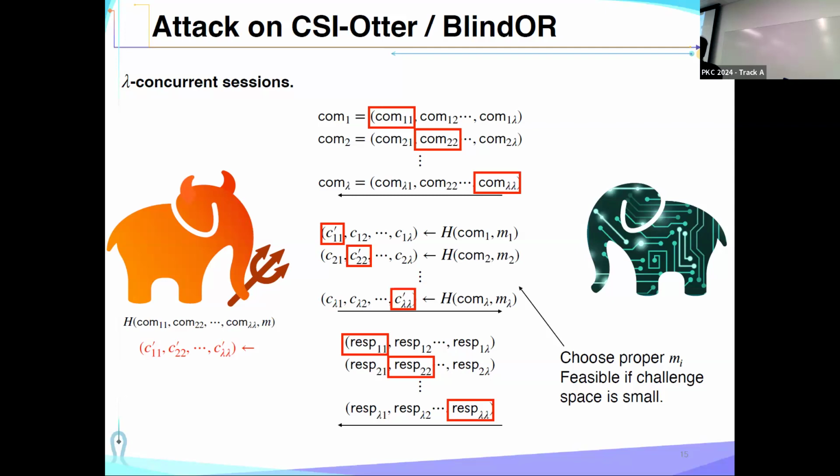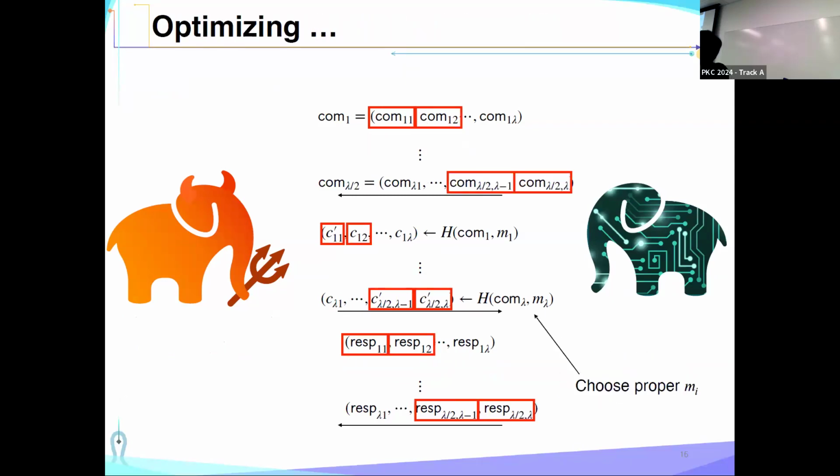And because Blind-OR and Schnorr have a small challenge space in each parallel repetition, for example Schnorr is 2 and Blind-OR is just a few hundred, it is feasible to do this attack. And we can still have a trade-off between the number of concurrent sessions and the hash queries.